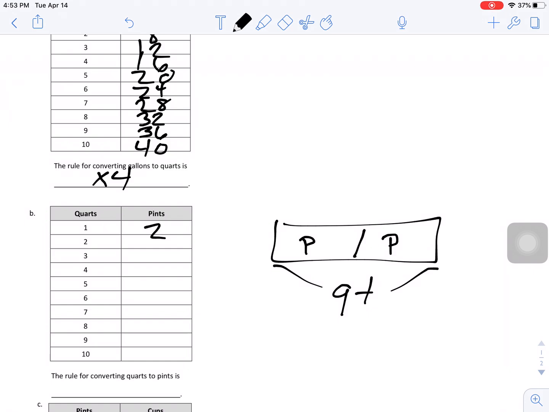And if I was going to do 2 of these quarts, that would be 4. And if I had 3, I would go 2, 4, 6. And if you notice the pattern, it is multiplying by 2 for each quart that has 2 pints. And the list is going to skip count: 2, 4, 6, 8, 10, 12, 14, 16, 18, 20.